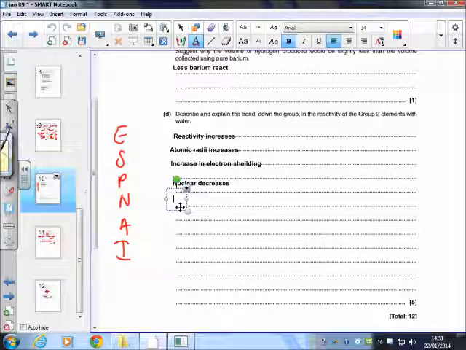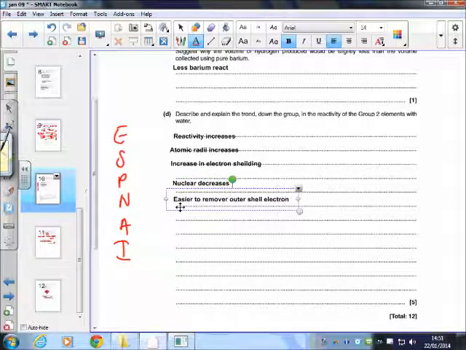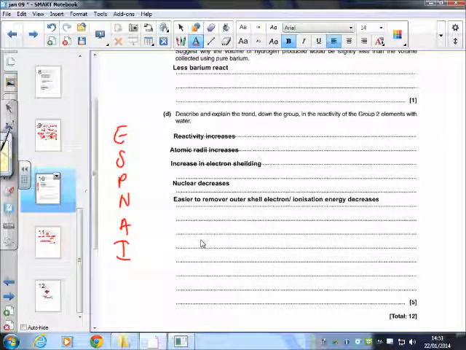So it's easier to remove that outer shell electron, so ionization energy decreases. So we can say easier to remove outer shell electron slash ionization energy decreases.